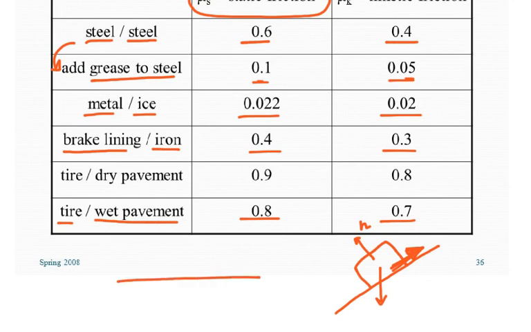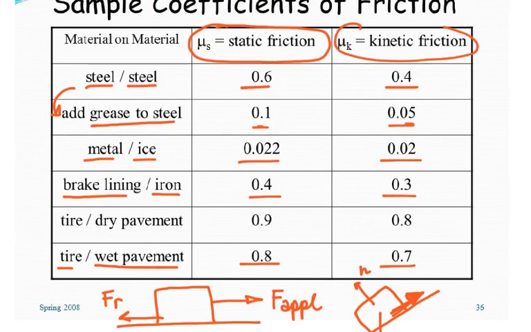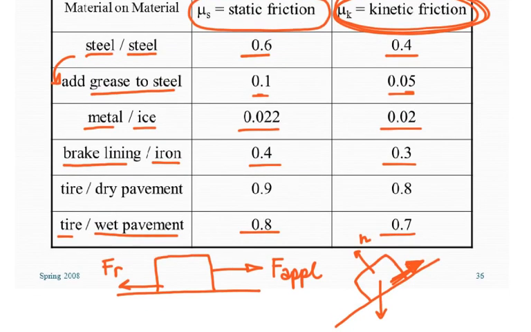Kinetic is like kinematics. When we did kinematics, it's the motion, right? So here I'm sliding the box, so I'm applying some force along the surface. And when it is sliding or moving, I have to use the kinetic coefficient of friction. So if it is sliding, it's kinetic. If it's stuck and not moving, then it is static friction.